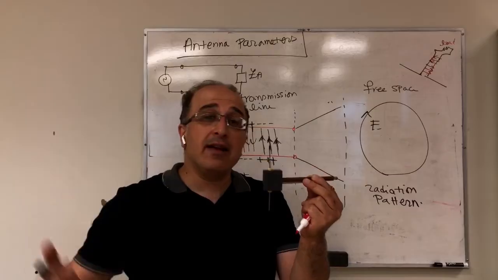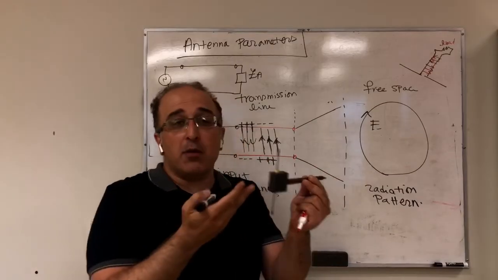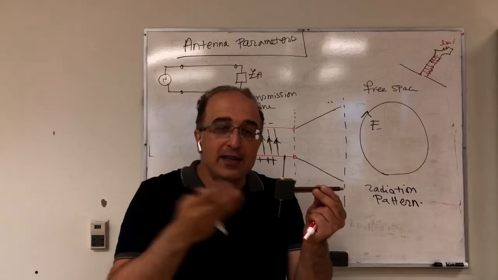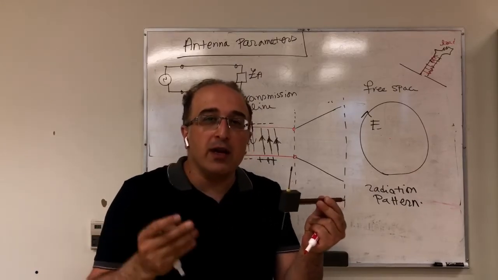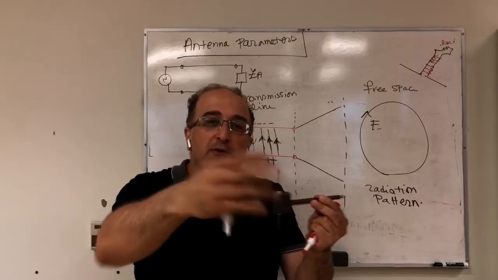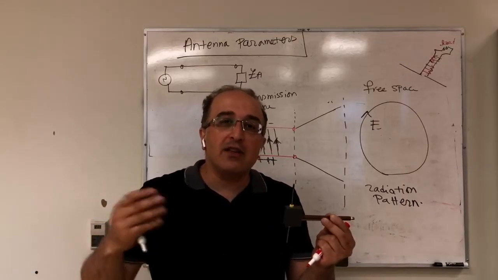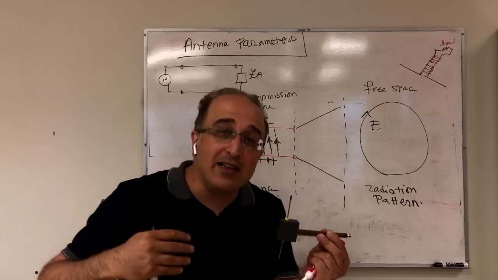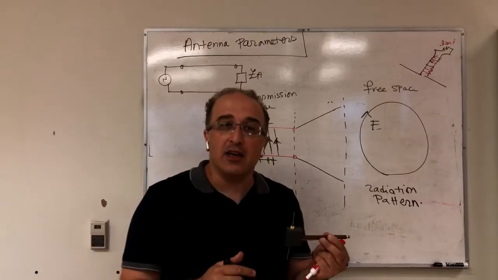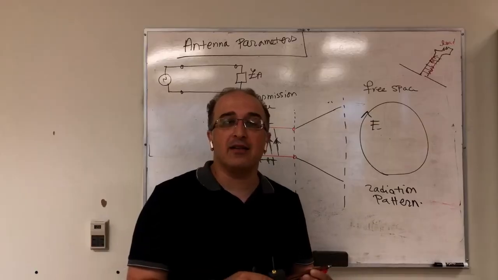So this is the radiation pattern. You give some power to this antenna, and this antenna is going to radiate this power. If, for example, you give 1 watt, it's going to take this 1 watt and radiate it into different directions. Some of the directions are favored directions. It radiates more toward that direction, and radiates less in some directions. So this is the radiation pattern of the antenna.